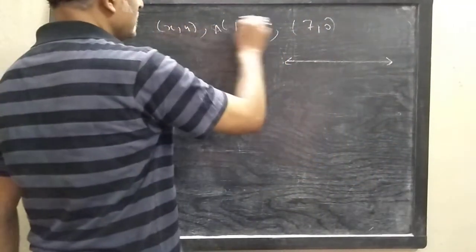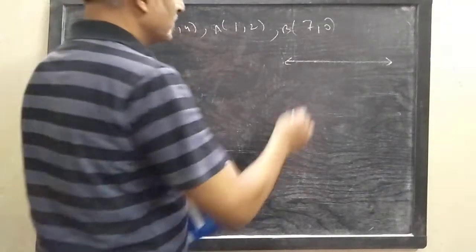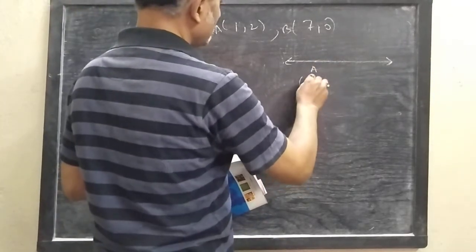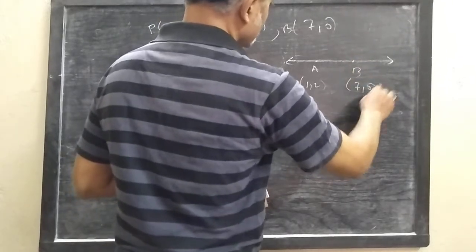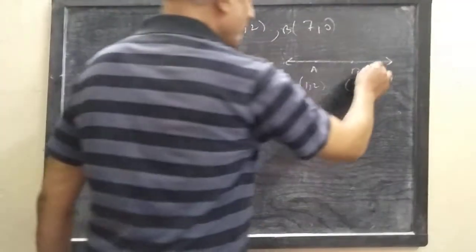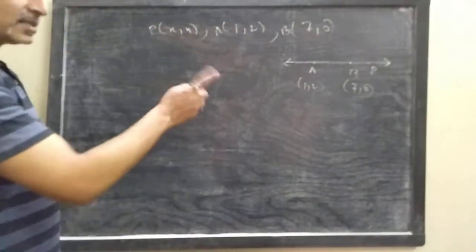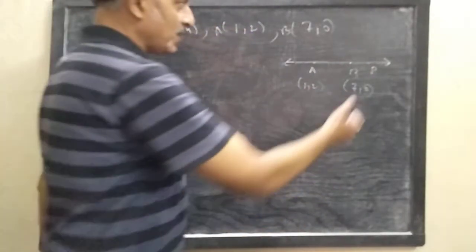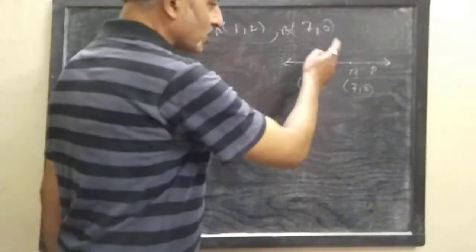Suppose this point is A, this point is B, and this is a variable point Pxy. Suppose this point A has coordinates 1 comma 2. This point B has coordinates 7 comma 0. Now P is any point on this straight line. So if we can find a relation between x and y, that is abscissa and ordinate of the moving point, that relation will actually be the equation of this line.